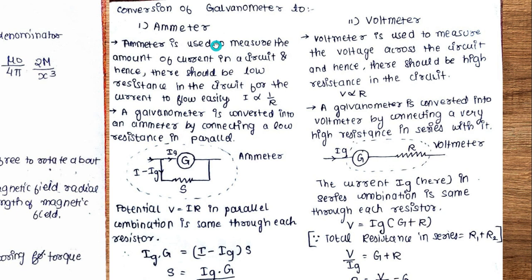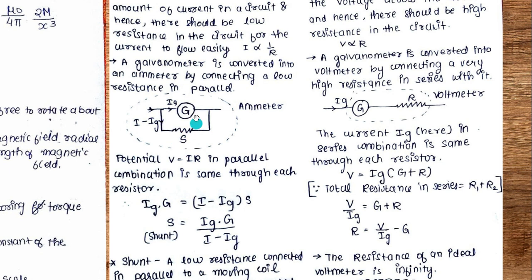If I want the quick flow of current, resistance should be low, right? So a galvanometer can be converted into an ammeter by connecting a low resistance in parallel. When we connect a resistance in parallel, the total resistance of the whole circuit decreases, making it an ammeter.